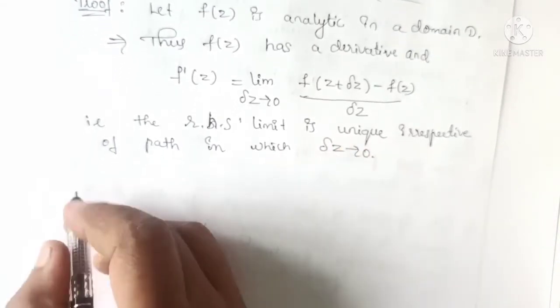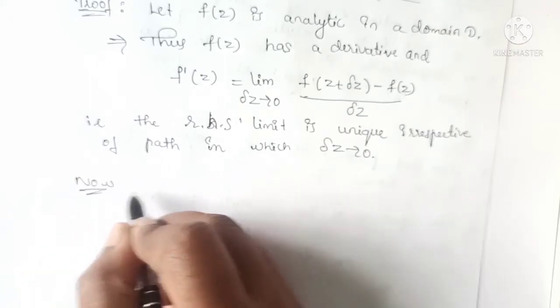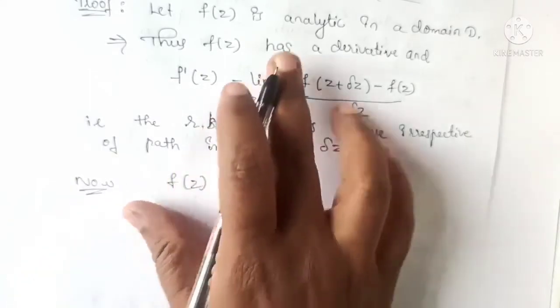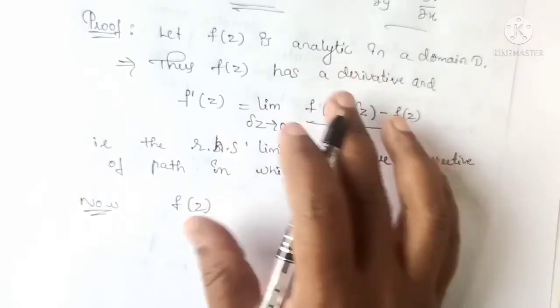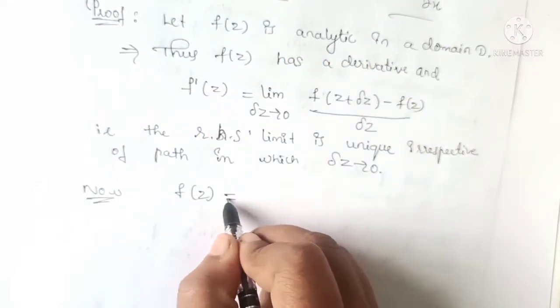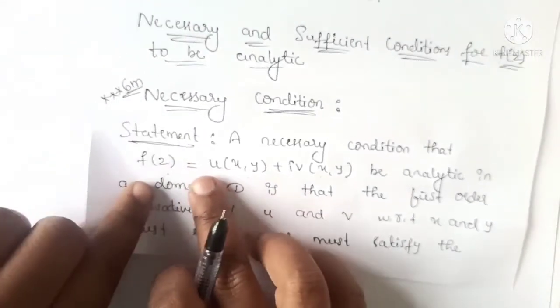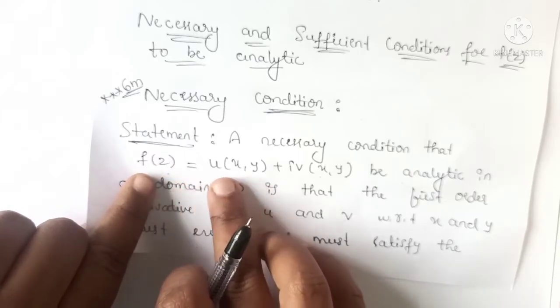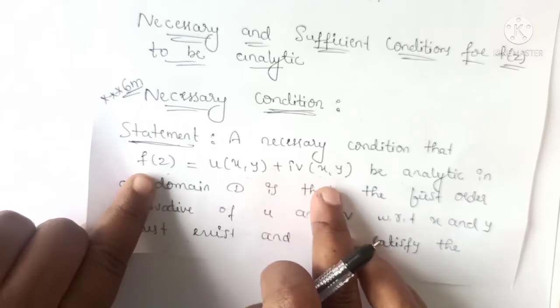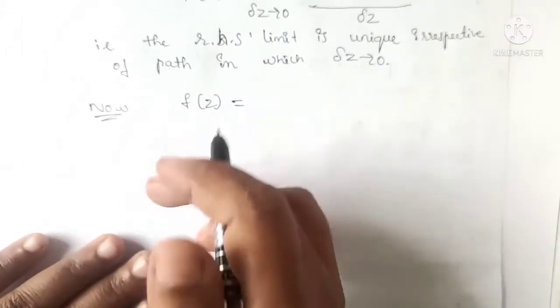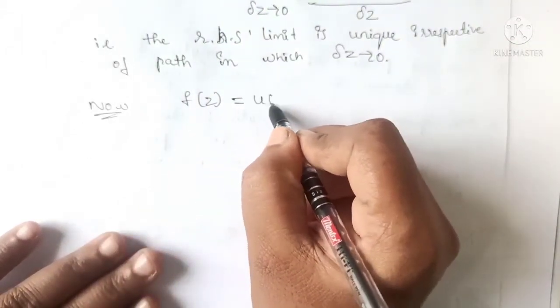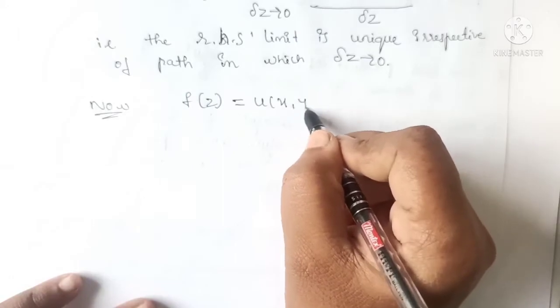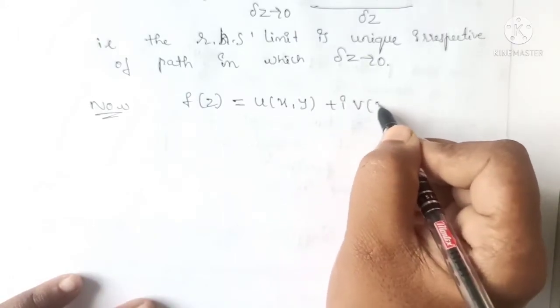Okay, now f of z is a complex function, therefore it is given by f of z equals u of x comma y plus iv of x comma y. A complex function is written as f of z equals u of x comma y plus iv of x comma y.